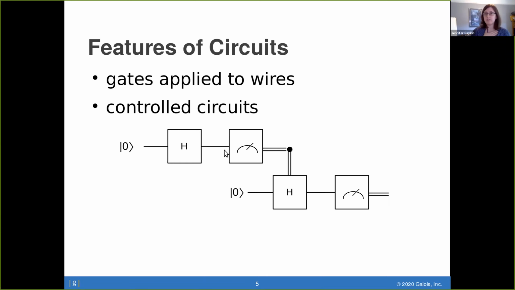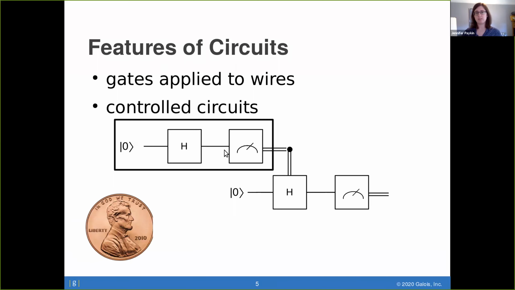One example that I'm going to use a lot in this talk is a controlled circuit. For example, this dot with the vertical line coming down is a control, for both qubits and also, in this case, bits. Essentially what it says is: perform this first measurement.